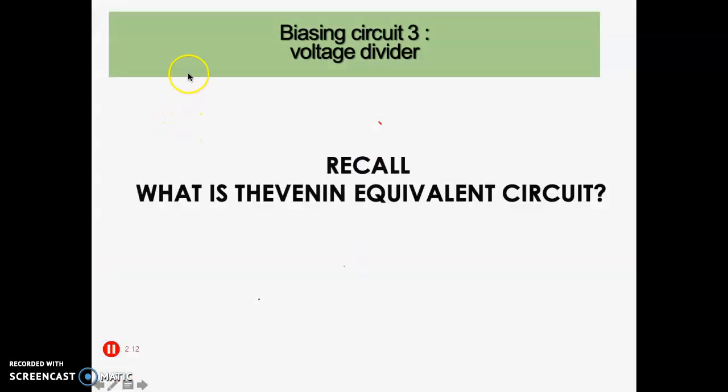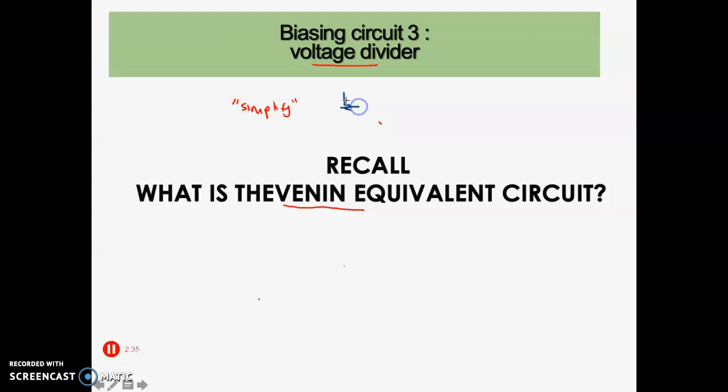Okay, so now in order to solve the voltage divider biasing circuits, you need to recall what the Thevenin equivalent circuit is. Why do you need to learn Thevenin? Remember the word simplify. You are given a complex circuit, so you need to simplify it into how many elements for Thevenin?